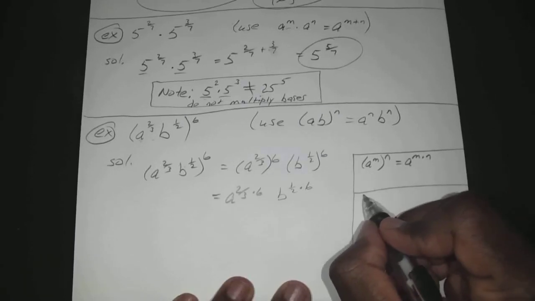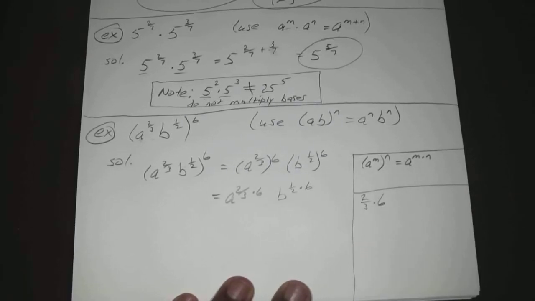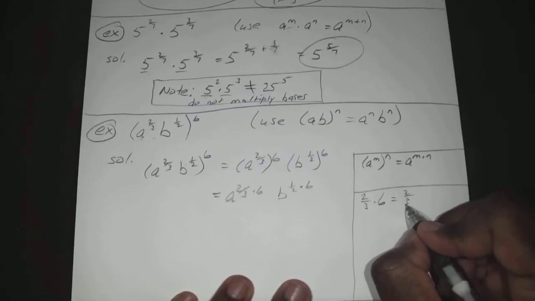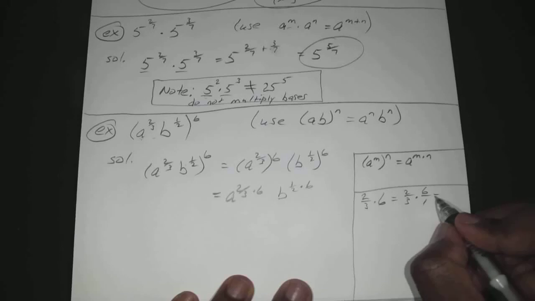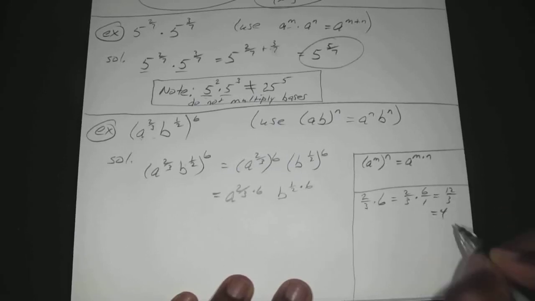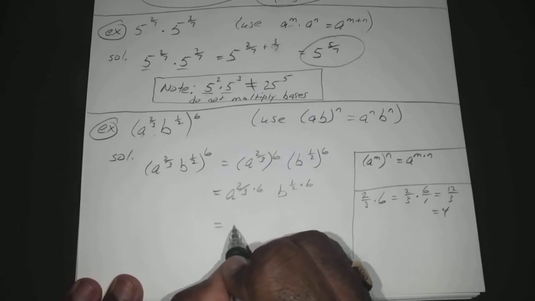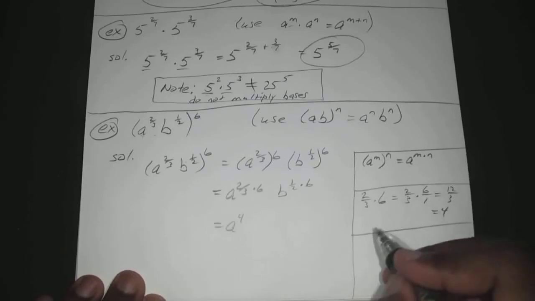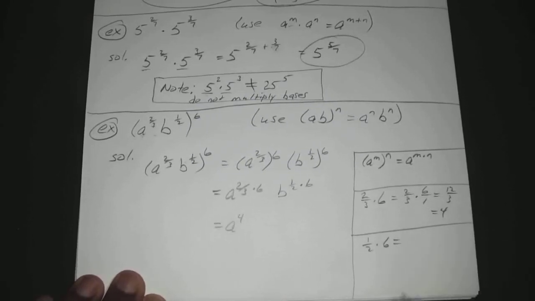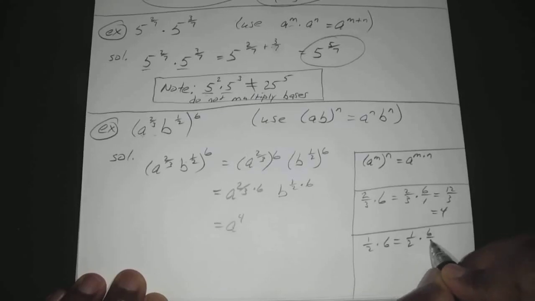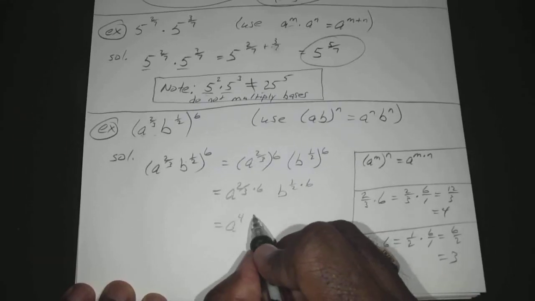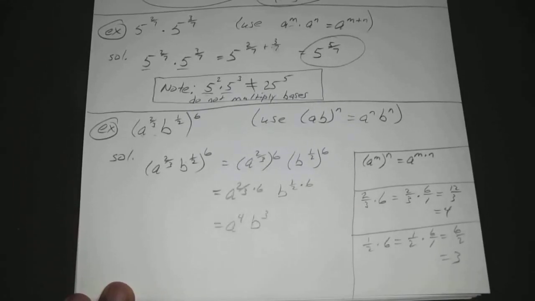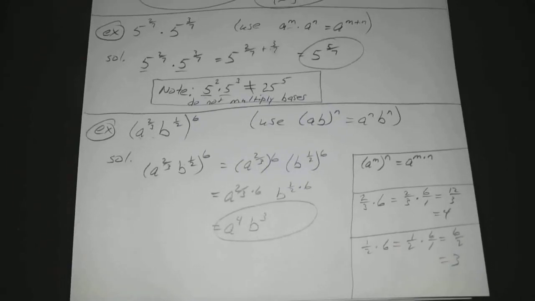We can see that 2/3 times 6 is 2/3 times 6/1, which is 12/3, which is 4. So that becomes a to the 4th power. And 1/2 times 6 is 6/2, which is 3, so that becomes b to the 3rd power. And that is your final simplified answer.